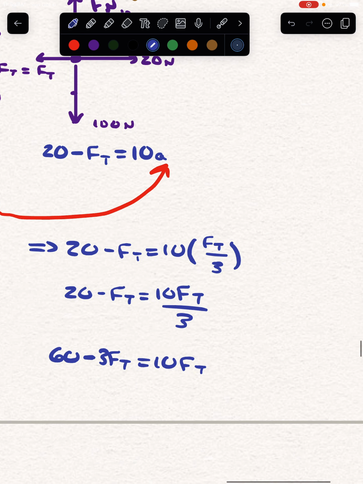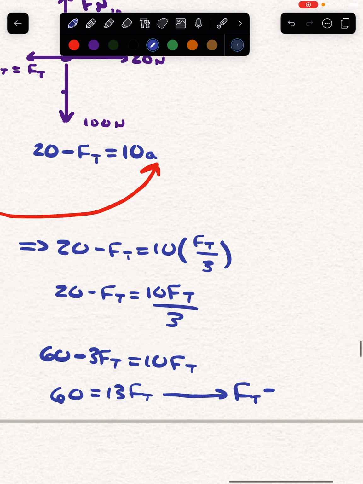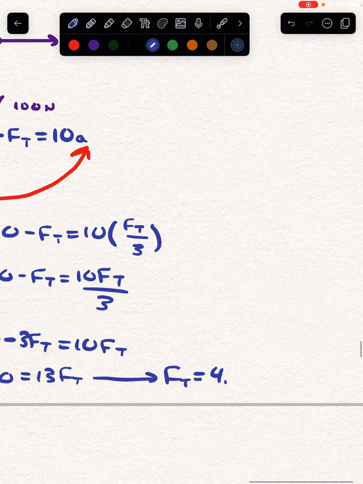And let me bring my force of tensions together and get 60 is equal to 13FT. And once I divide both sides by 13, when I do 60 divided by 13, we get a force of tension which is equal to 4.6 newtons.